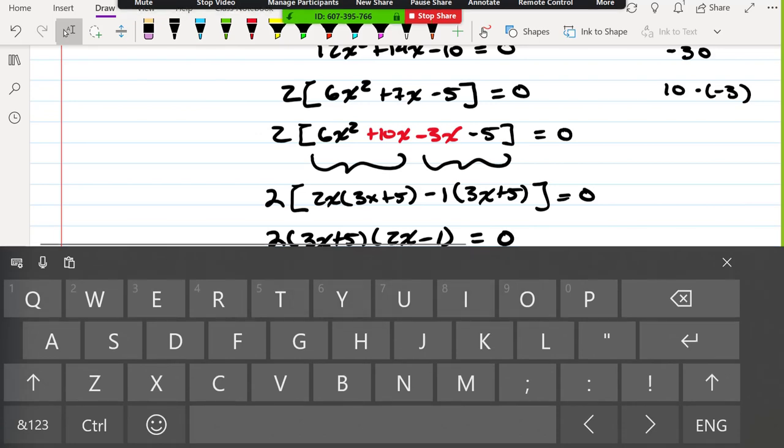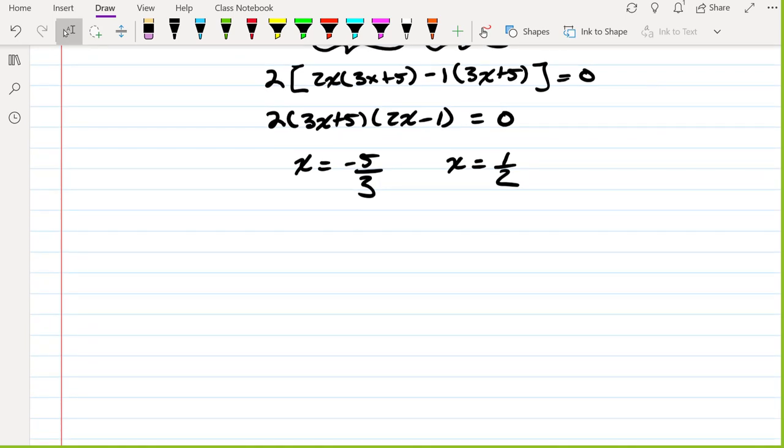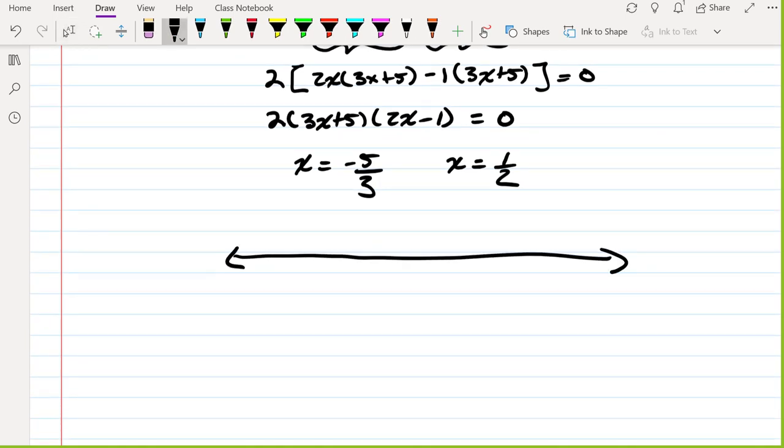So to do our first derivative test, we're going to make our number line, and we label our critical numbers, so negative 5/3 and 1/2, and then we need to just test a point in each of those regions.